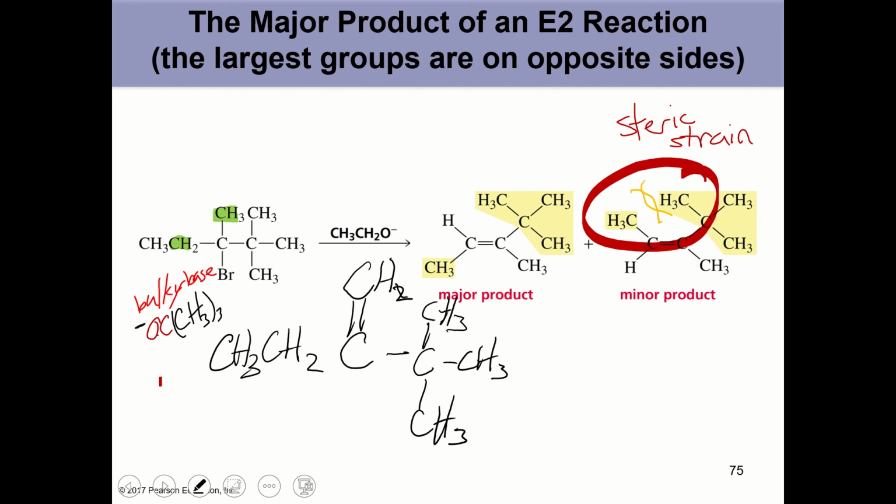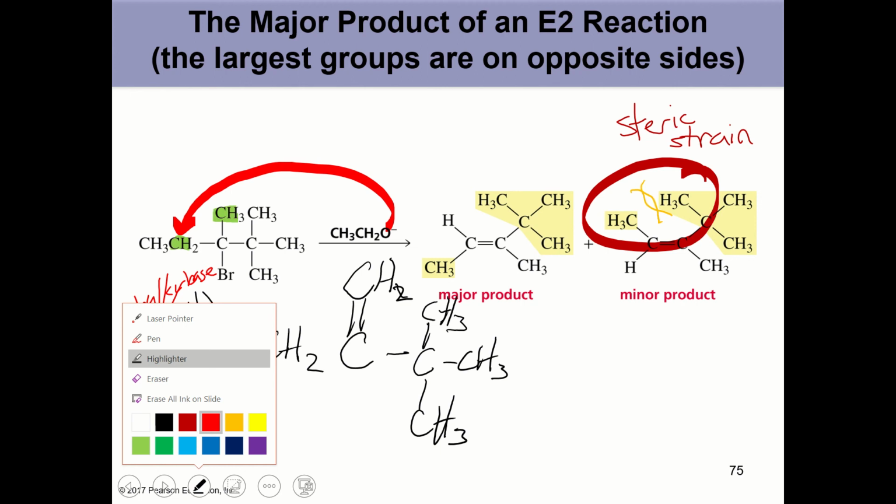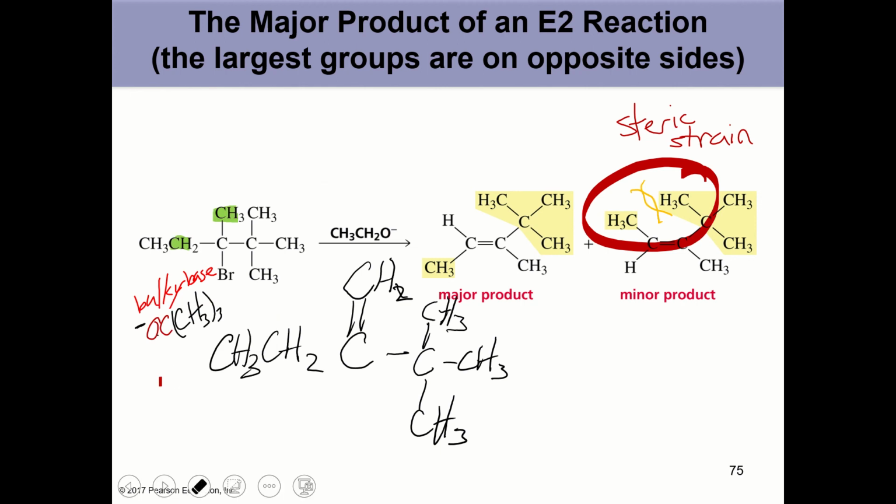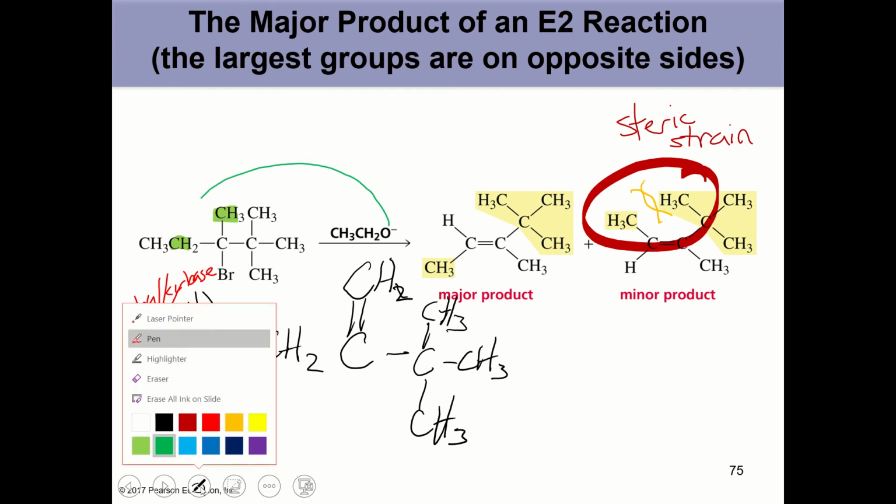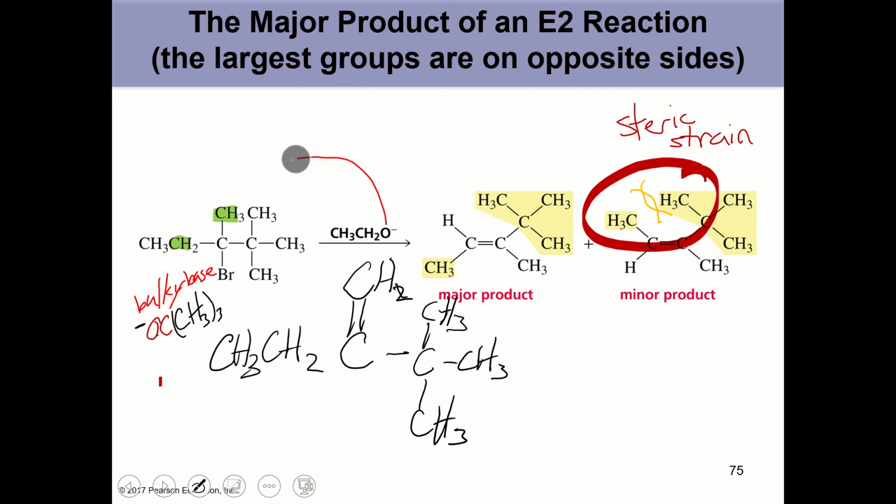The major product with the small base given, the ethoxide, is to remove a proton from the more substituted beta carbon. And I was going to use a pen for that, so, red pen, unfortunately. Red, okay. From the more substituted carbon.